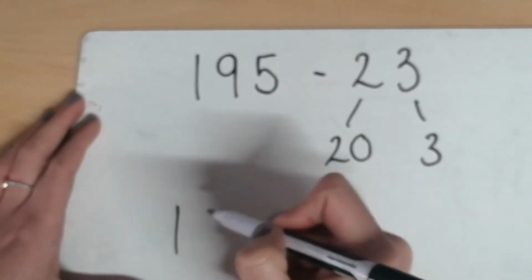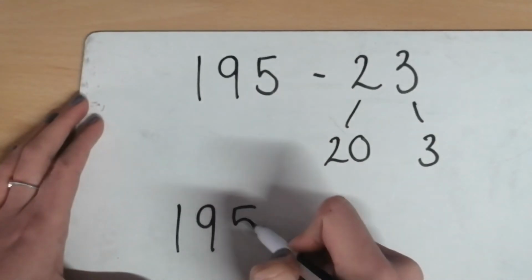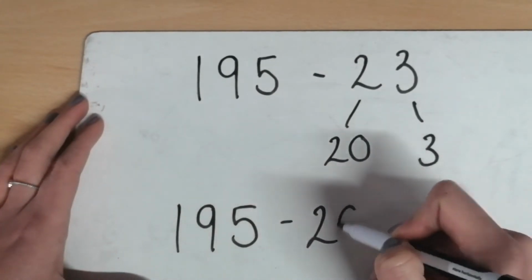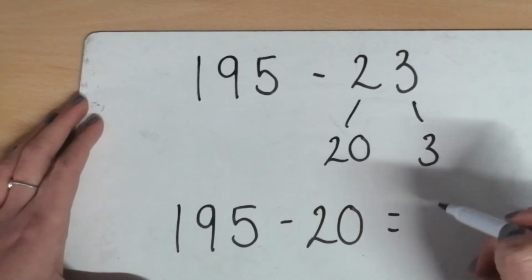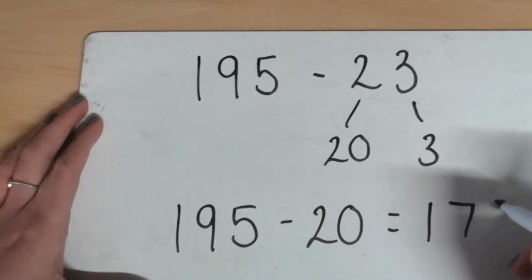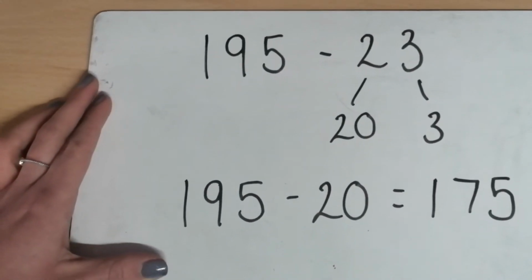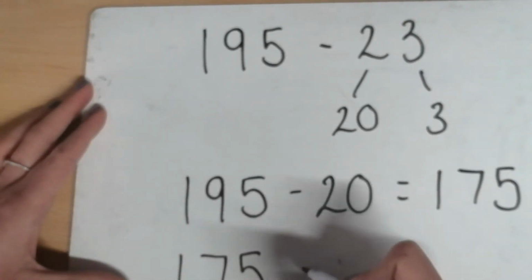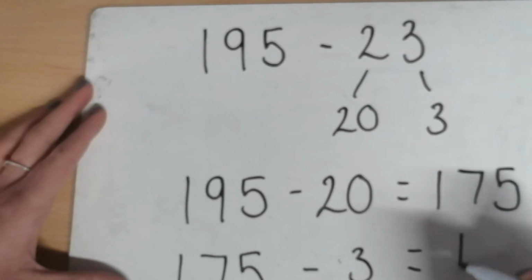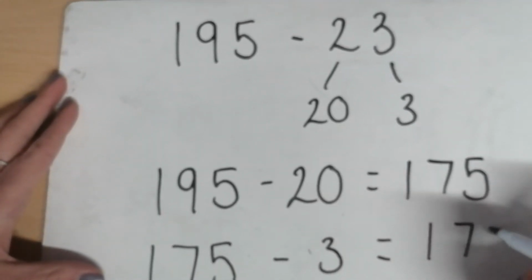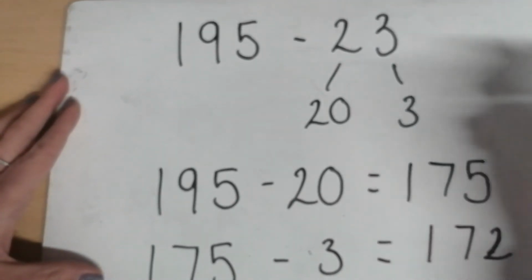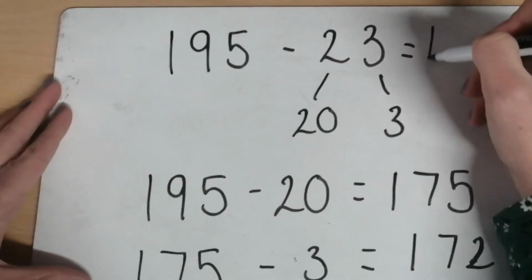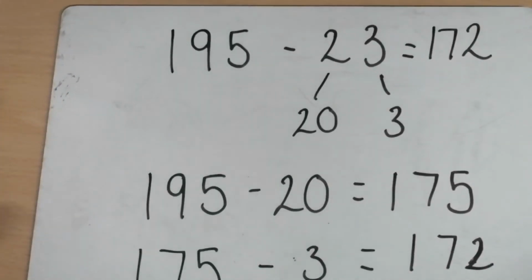Again, I could probably do this in my head, but I'm going to write it out. 195 take away 20 would give me 175, and then I can do 175 take away 3. It leaves me with 172. So that would be my final answer. It's pretty much the same for section B as well.